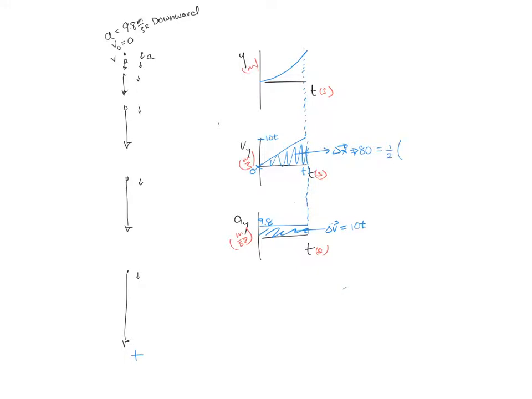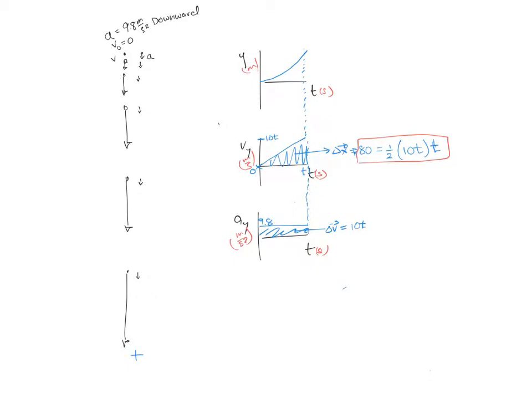Tell me the height. 10 times t is the height, right? And what's the base? Do we know time? Just t. We don't know it, so we're going to call that t. So I can solve this equation. This equation came from the area of my velocity graph. And solving it's no big deal.